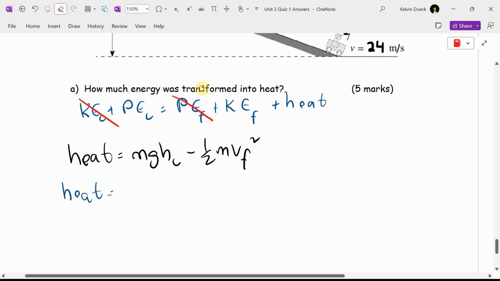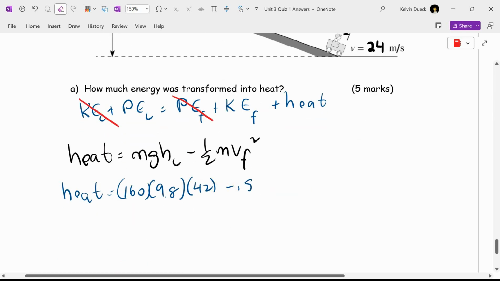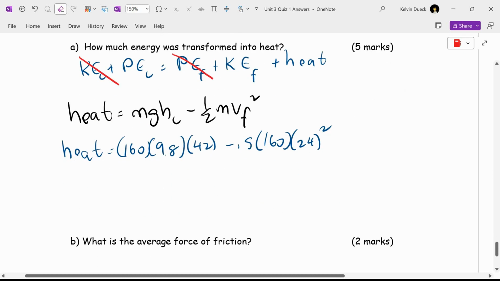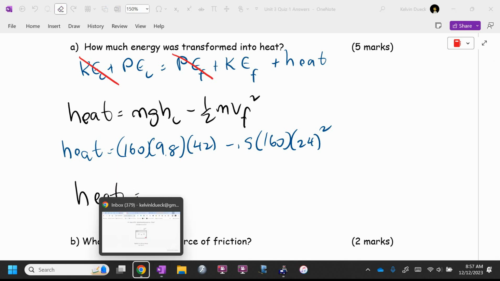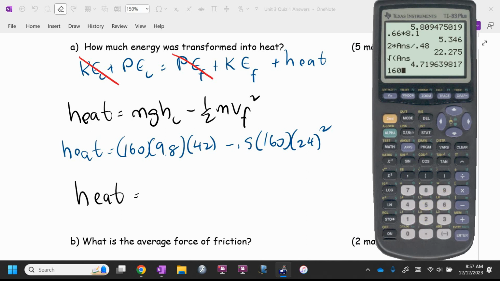Let's see. 160 times 9.8 times 42 minus 0.5 times 160 times 24. Don't forget the squared, Mr. Dueck. 160 times 9.8 times 42 minus 0.5 times 160 times 24 squared.